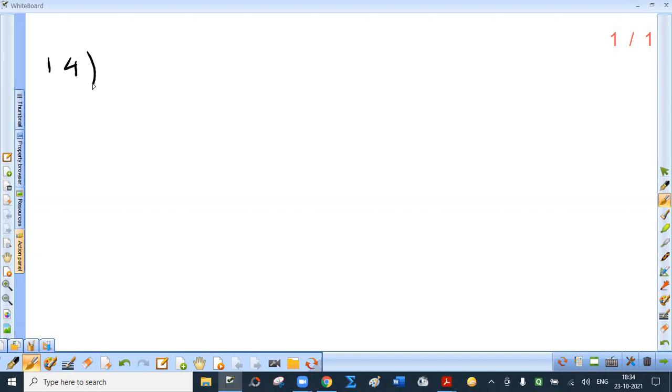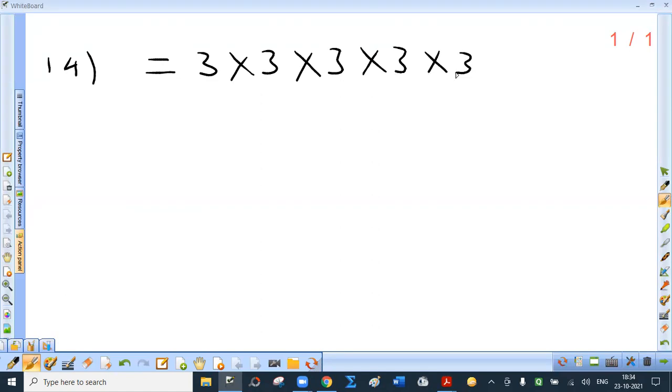Therefore, total number of ways equal to 3 into 3 into 3 into 3 into 3, equal to 243.